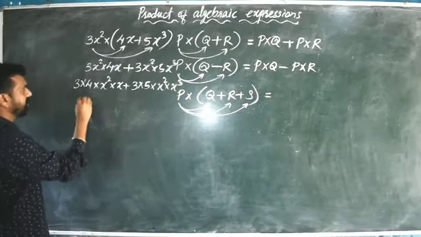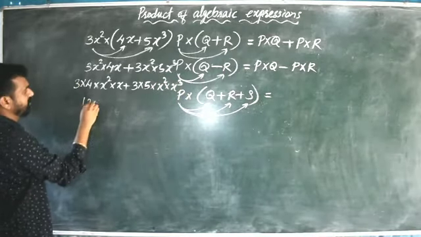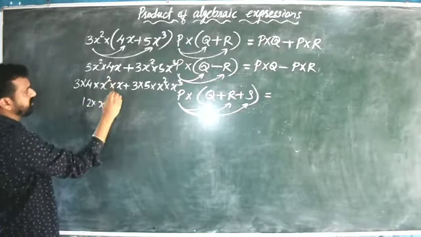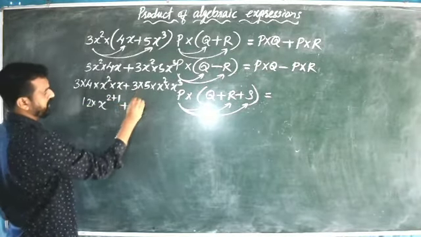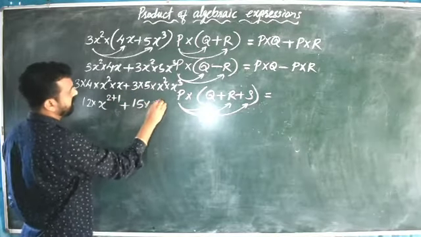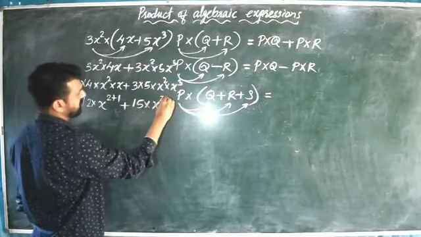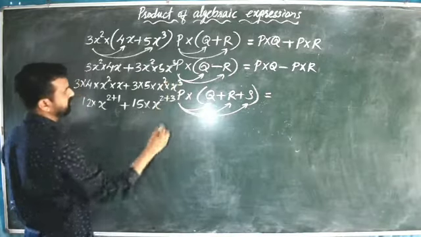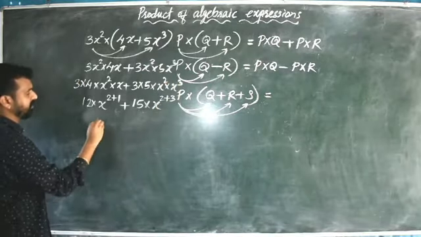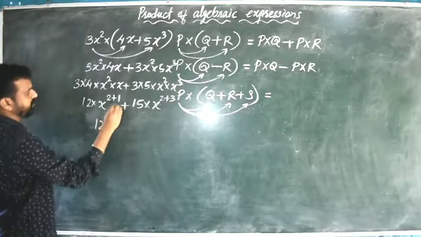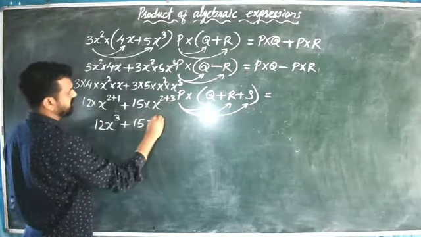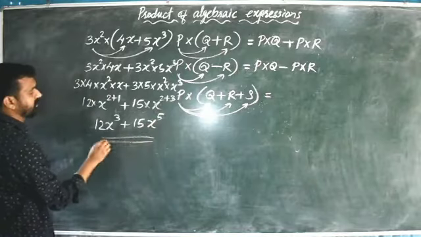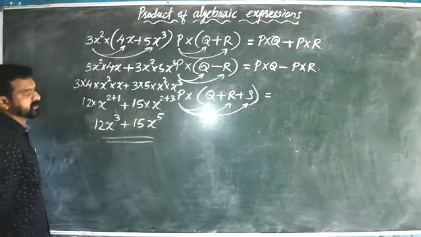That is equal to 3 4s are 12 into x raised to 2 plus 1, plus 3 5s are 15 into x raised to 2 plus 3. That is 12 x raised to 3, plus 15 x raised to 5. So 12 x cube plus 15 x raised to 5.